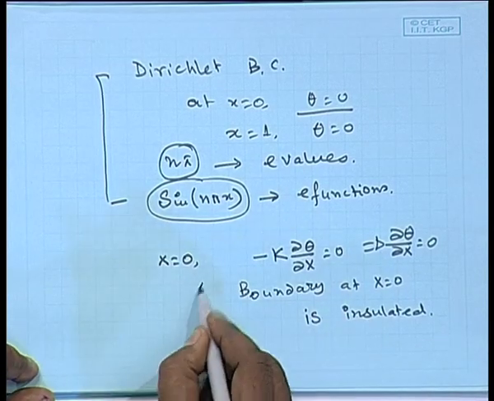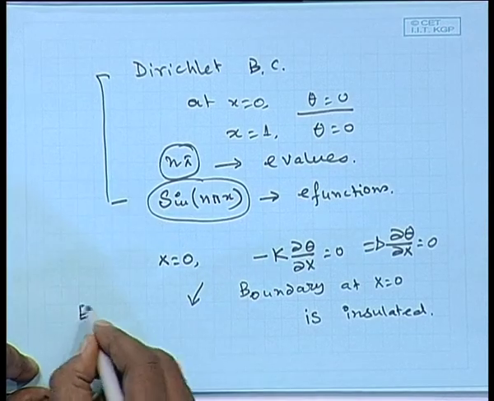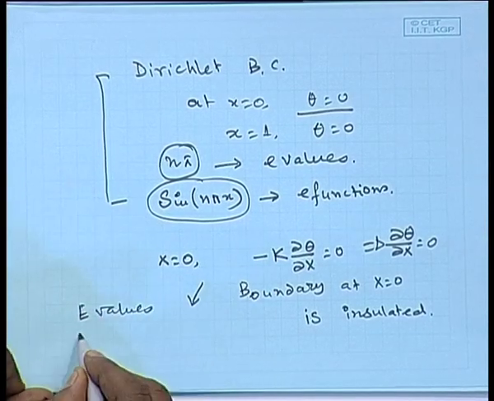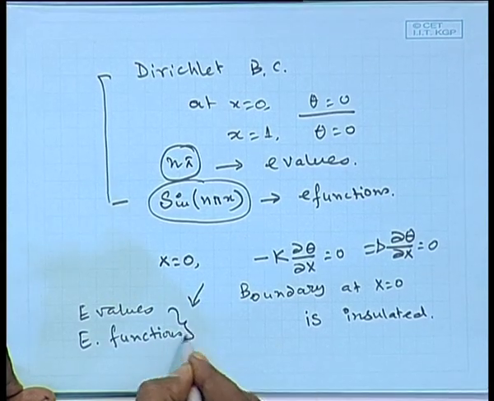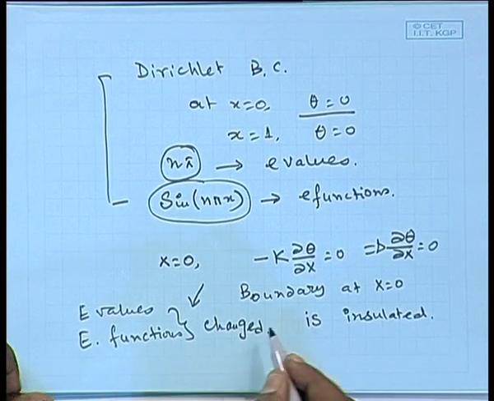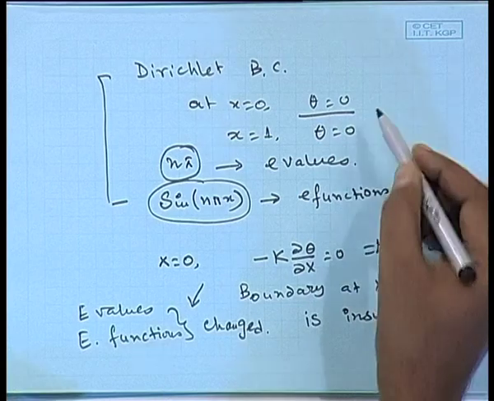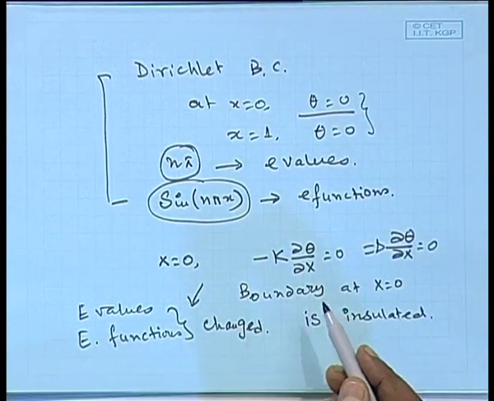Now, in that case, n pi will no longer be the eigenvalues; they will be changed. Correspondingly, the eigenfunctions will be changed. So, the solution that you have already got for these two boundary conditions will no longer be valid for this system.